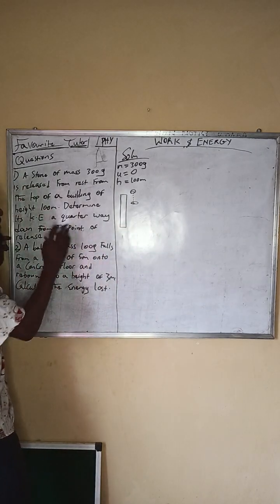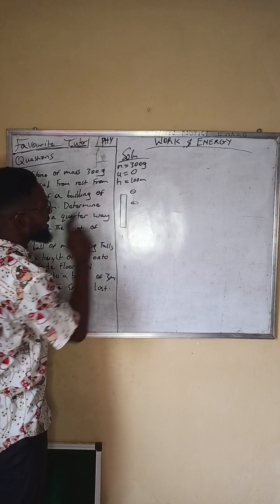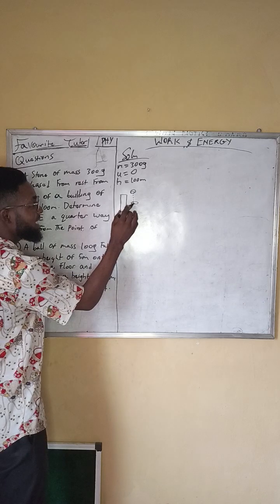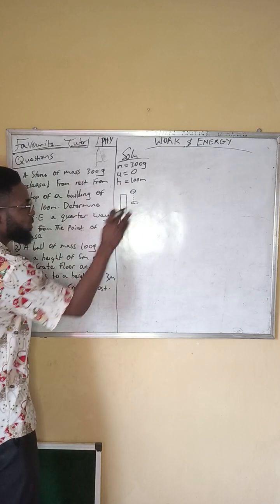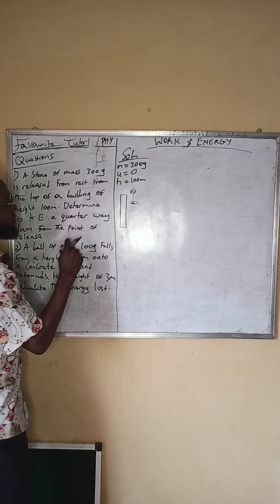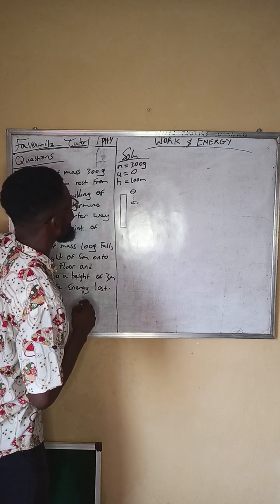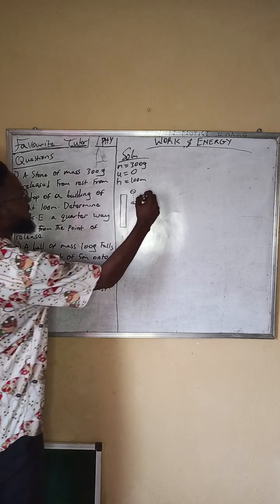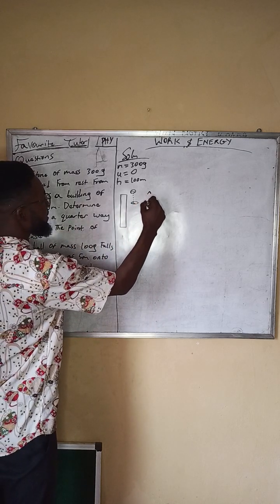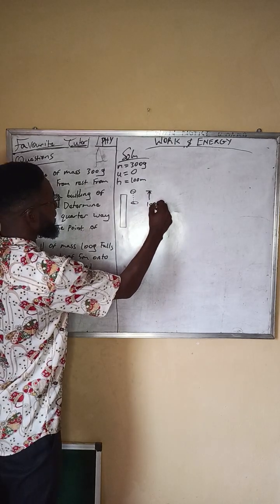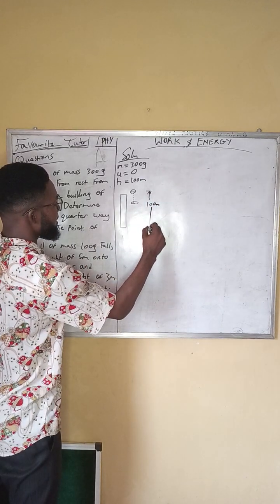But from the question, we're asked to calculate the kinetic energy possessed right here, quarter way down from the point of release. So the maximum height is 100 meter.